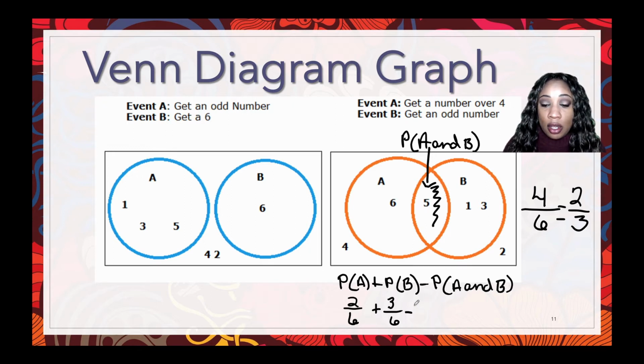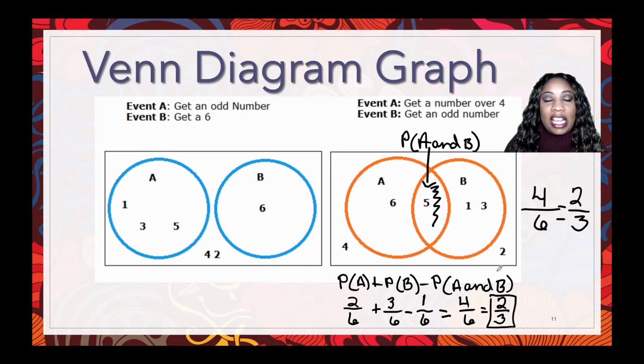So we have 1 over 6, because this 5 is one number out of the 6 total. And then we would get 4 over 6, which is 2/3. So that is the reason why when we have independent events, we have to subtract the probability of A and B.